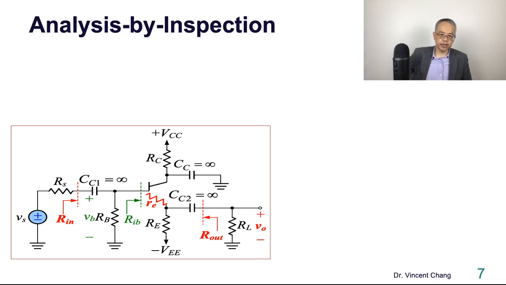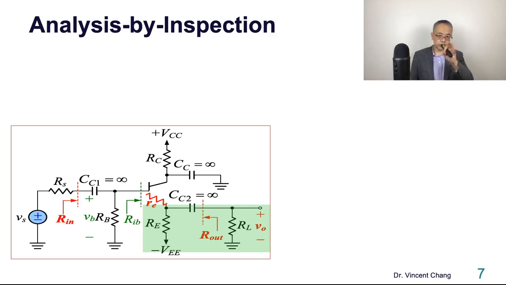What about the voltage gain? The voltage gain is VO over VB times VB over VS. And VB over VS is easy: the ratio between RS and Rin, a voltage divider. So the second ratio for the voltage gain is easy.